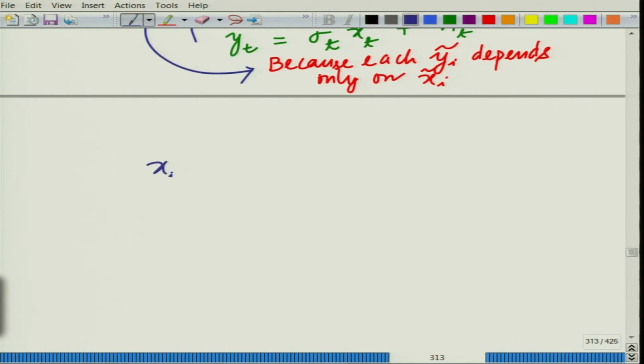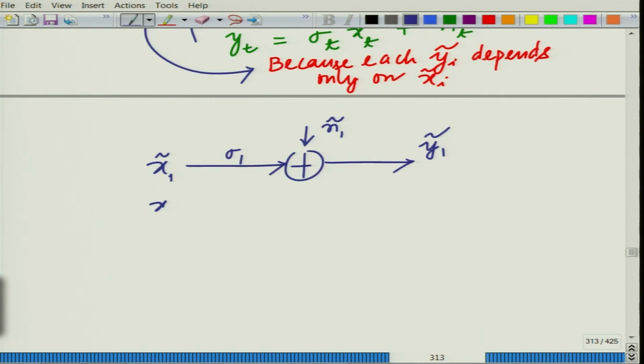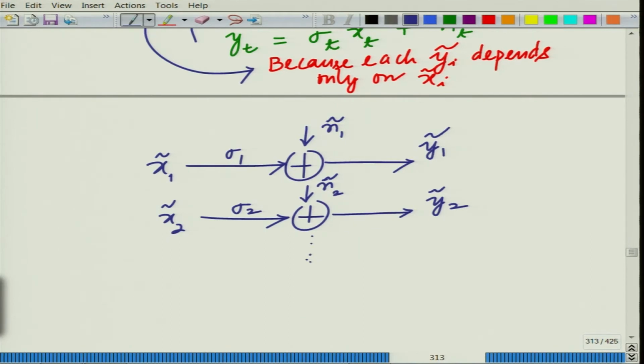you have x1 tilde, multiply this by sigma 1, add the noise n1 tilde, and you get y1 tilde. Then x2 tilde, you add the noise n2 tilde, multiply by sigma 2, x2 tilde, this gives y2 tilde, and so on.